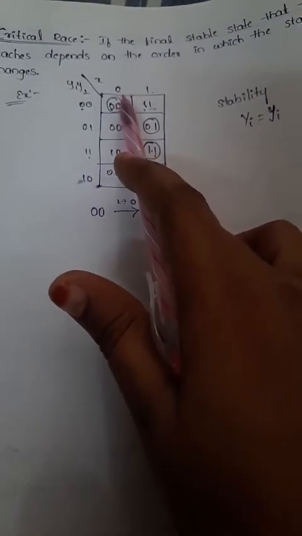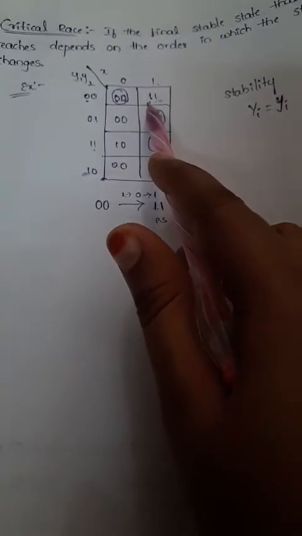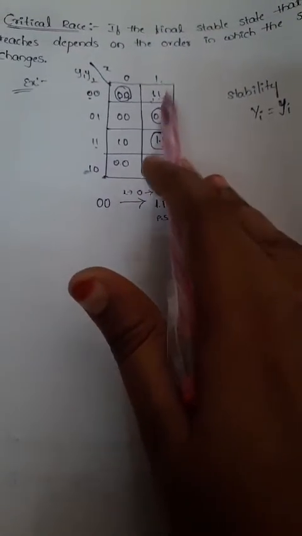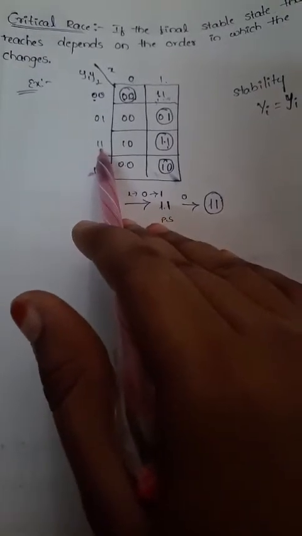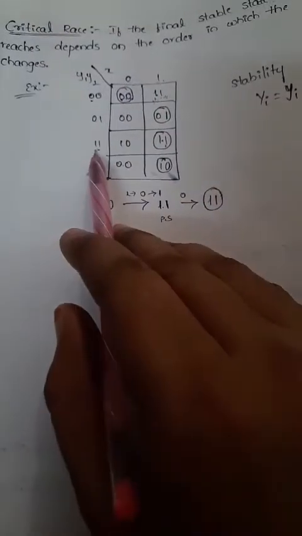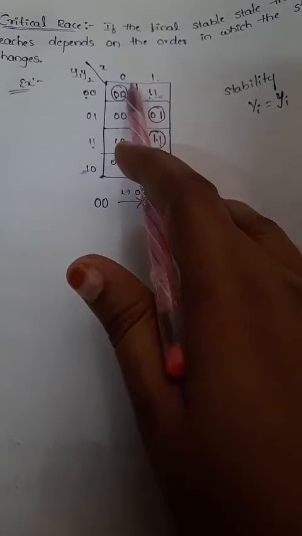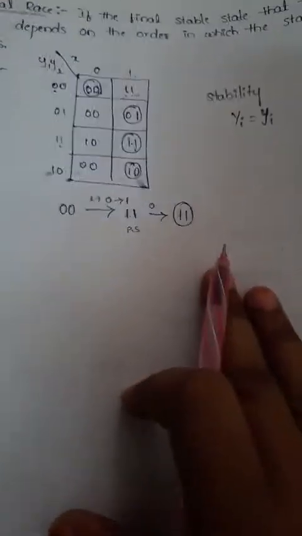Whenever the input variable is changed from 0 to 1, we'll get the output 1 1, right? So that's clear. Now after some time, the 1 1 we have in the third stage will act as the present state, right? We need to make it stable, so 1 1 will act as the present state. Whenever that 1 1 state is changed from 0 to 1, we get the stability condition, that is 1 1. Okay, so this one is clear.